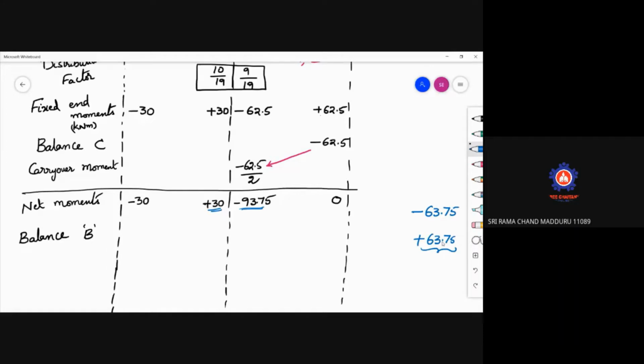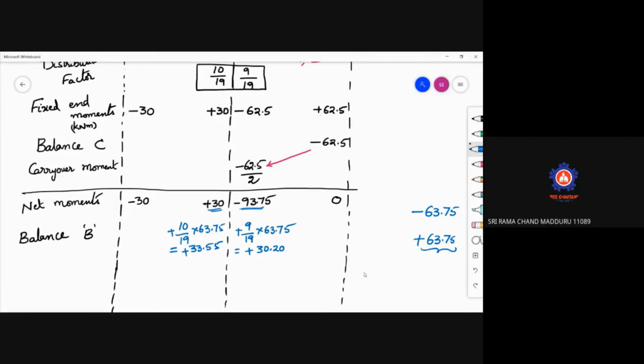So this is plus 63.75, and this will be 10 by 19 into 63.75. You remember this is positive, and this is plus the distribution factor multiplied with the difference moment at the joint. So plus 9 by 19 into 63.75 again.